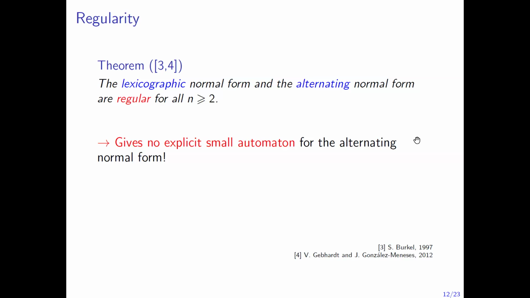That would be nice. So what we're going to do for this is find another characterization of the alternating normal form, because the one we have for now, with the left needing to read all the rest of a word, doesn't really go well with having an automaton that can only read from left to right. So that's what we're going to do.